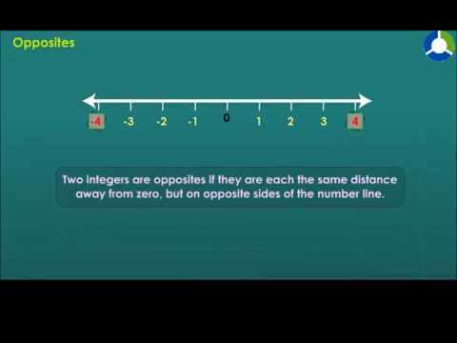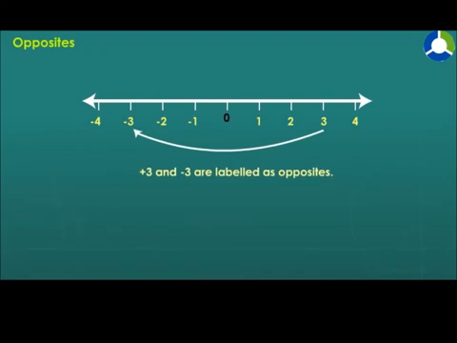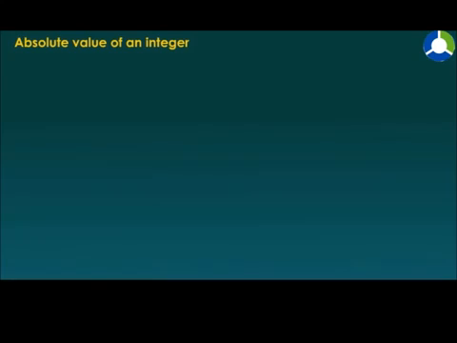Two integers are opposites if they are each the same distance away from 0 but on opposite sides of the number line. One will have a positive sign, the other a negative sign. In the number line, positive 3 and negative 3 are labeled as opposites.